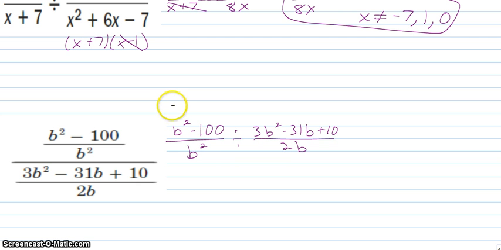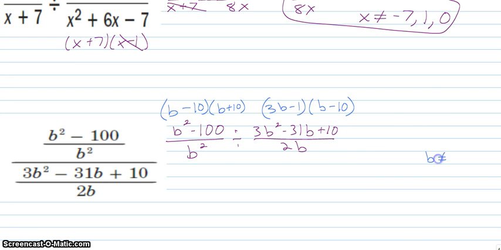Now I'm going to go ahead and factor kind of above and below my problem. Write out my excluded values that I see at the moment.